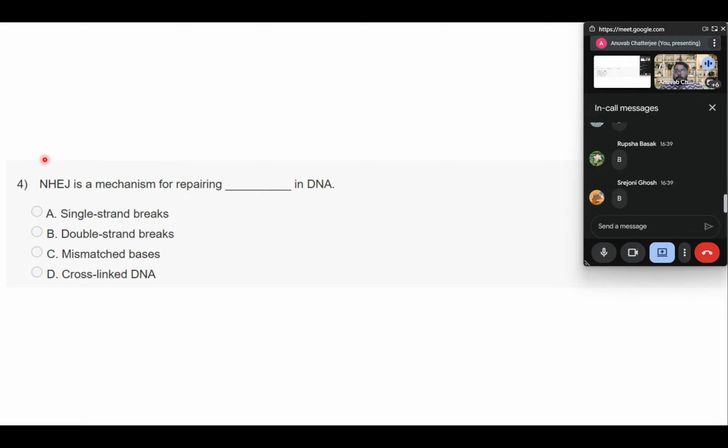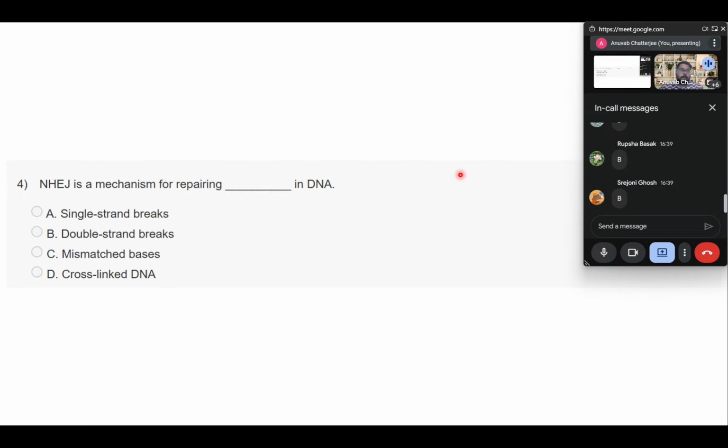NHEJ, non-homologous end joining, is a mechanism for repair of which of the following in DNA: single-stranded breaks, double-stranded breaks, mismatch bases, or cross-linked DNA? So what is NHEJ a mechanism for?